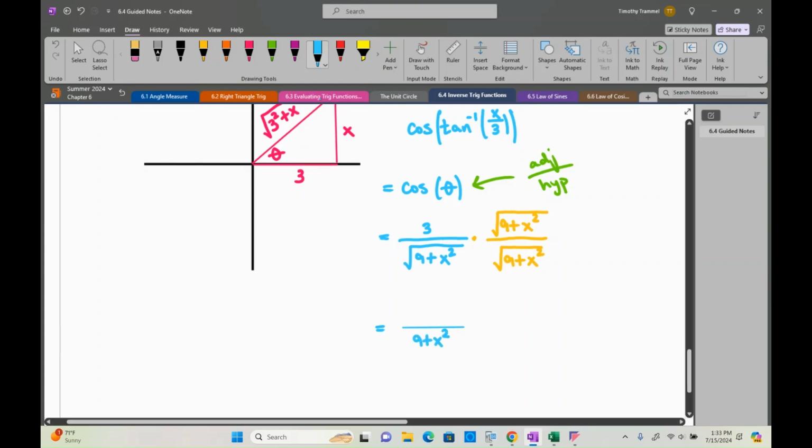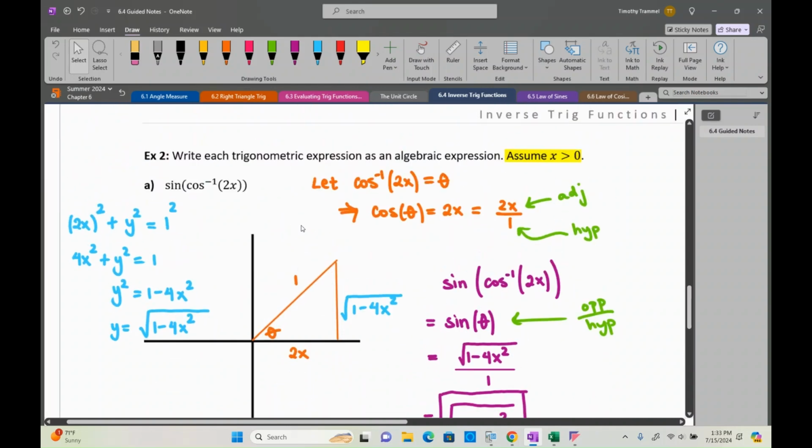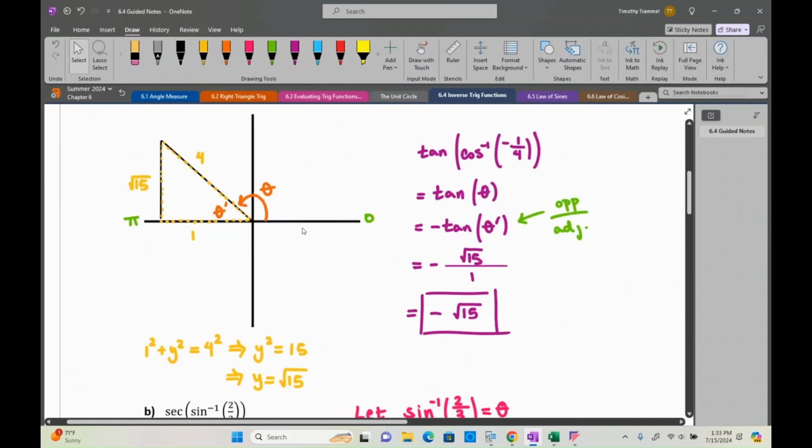And unfortunately, in the numerator, we'll still have that square root hanging around here. I'm going to make my division bar a little bit longer, and then I'll write what goes in the square root here. It's just that 9 plus x squared. And so there's our final answer if we have rationalized the denominator. Right? And so this here wraps up 6.4.